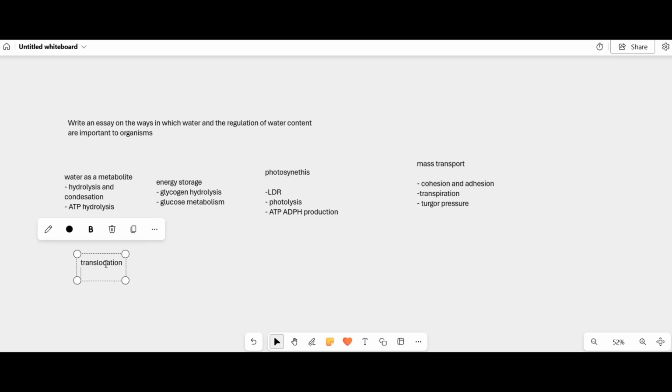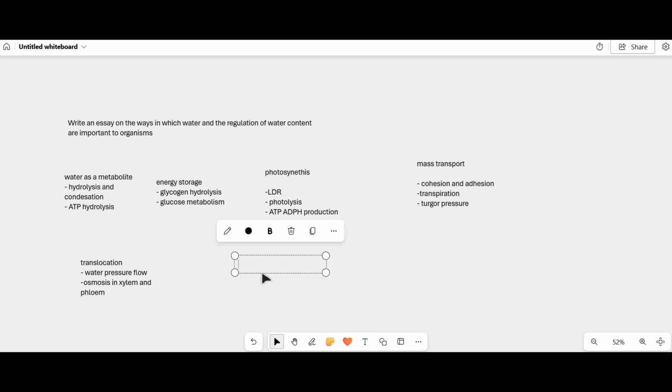So translocation, yeah, I can talk about water pressure flow. You can also talk about osmosis inside the xylem and phloem, yeah. So this kind of thing you do in the exam, yeah. You just write a quick plan, yeah, of all the different topics you can think of that contain water, yeah, and then you build it from there, yeah.